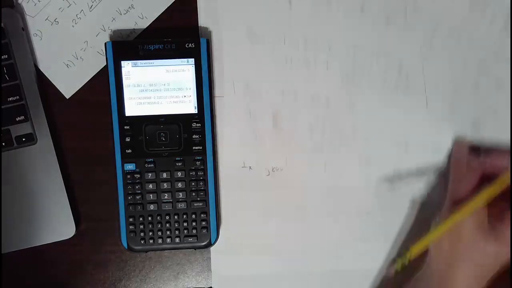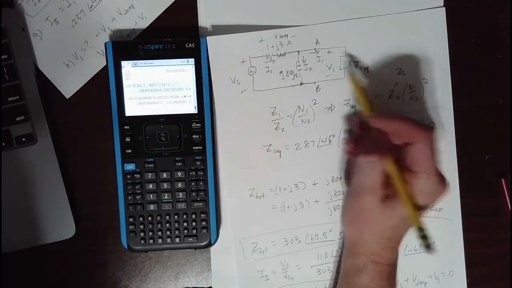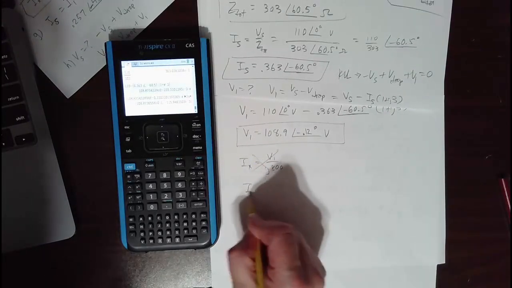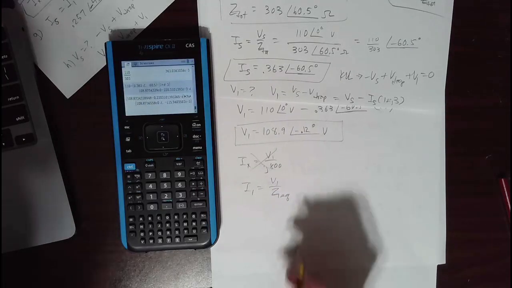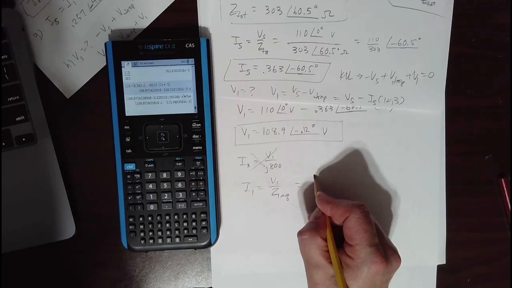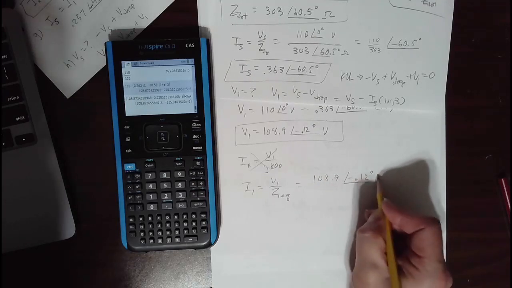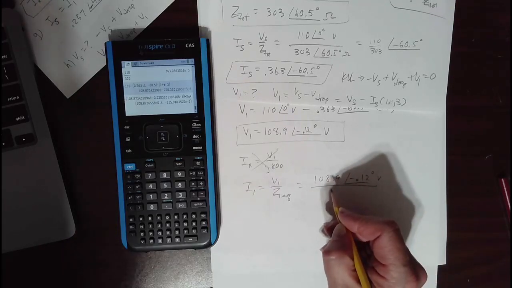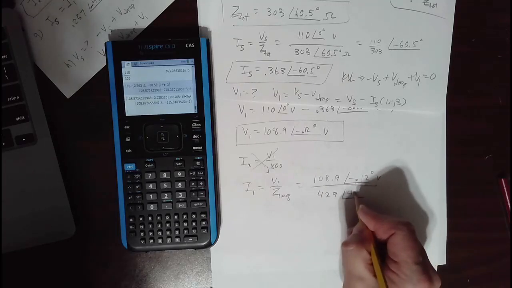So let's just go ahead and get I1. Right? We can get I1 because V1 equals I1 times Z1 equivalent. So we could do that, but we don't care. All right, so I1 equals V1 over Z1 equivalent. V1 is 108.9 angle of negative 0.12. Z1 equivalent is 429 angle of 45 degrees.